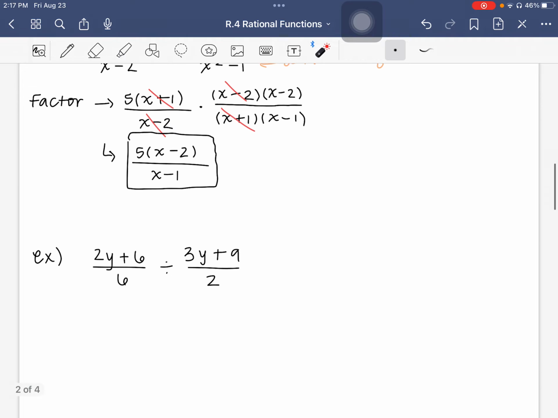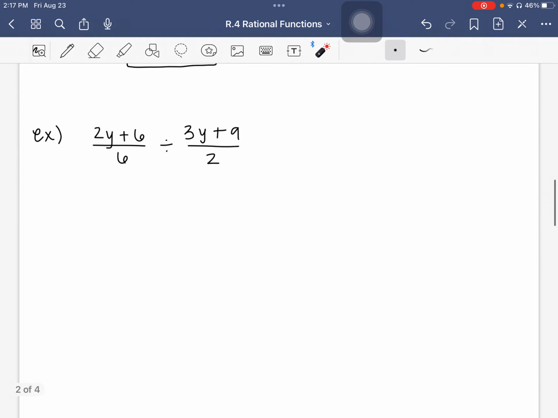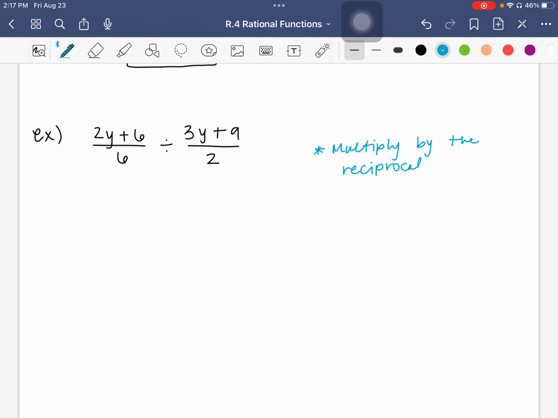All right, another operation we're going to look at is division here. And the main thing to note when dealing with division is that it's the same thing as multiplying by the reciprocal. So what we can do is just rewrite this. Our first expression will stay the same here.